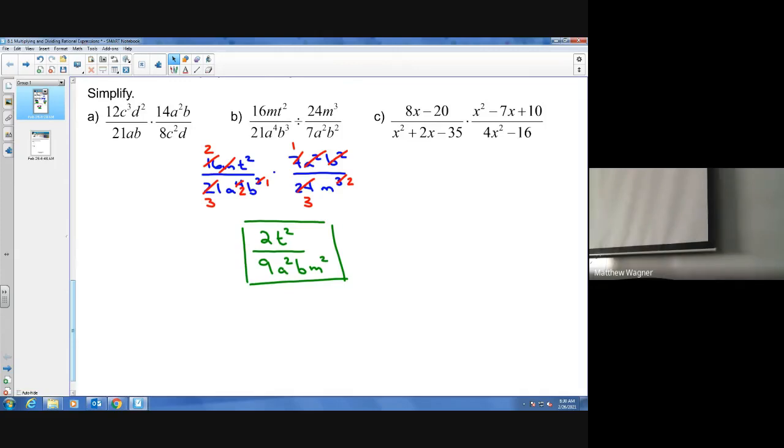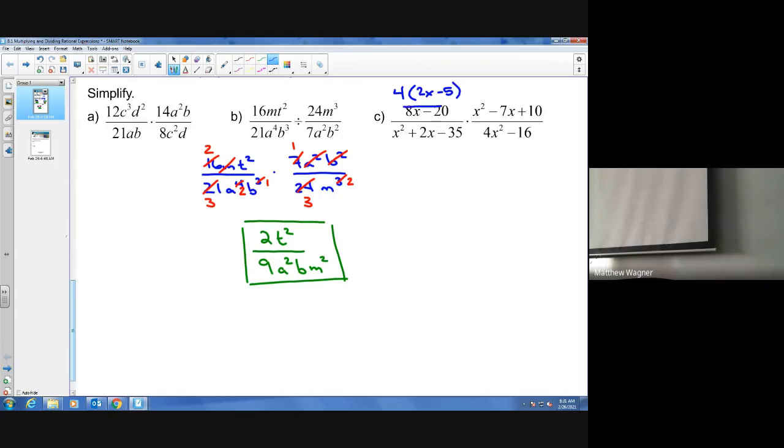All right. As we get into a slightly more complex problem on C, the very first thing you'll want to do when you're multiplying and dividing is factor and simplify. Okay. So as we look at this first expression, I can factor out a 4. I'm going to wind up with 4 times 2x minus 5.